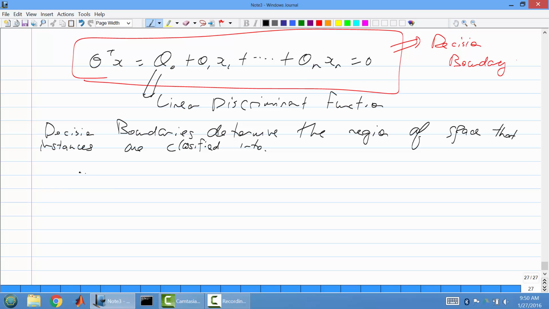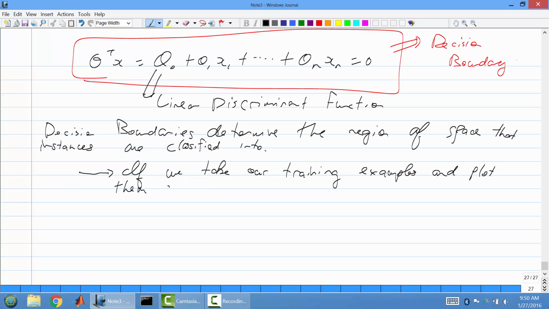If we take our training examples and plot them on some grid that makes sense to us, whether it be Cartesian or polar or whatever, the decision boundary splits between the two classes.